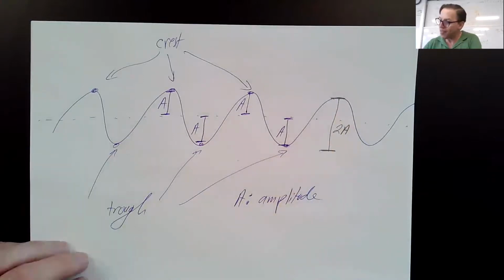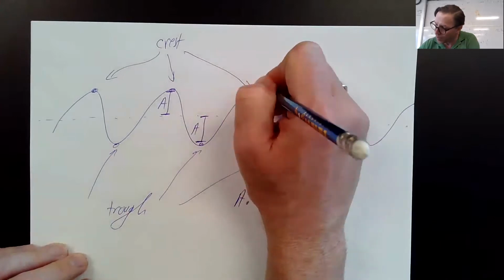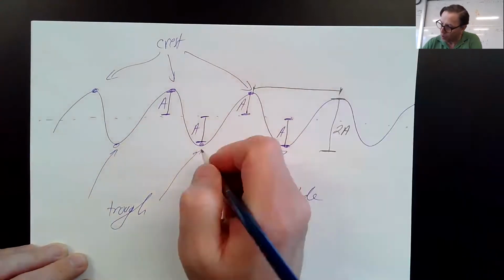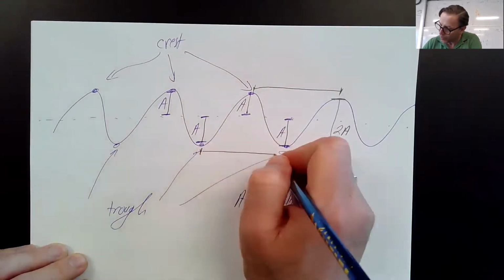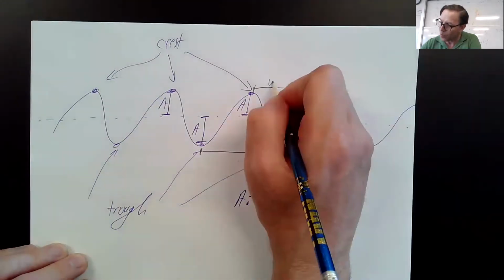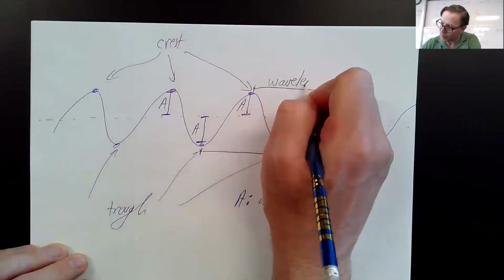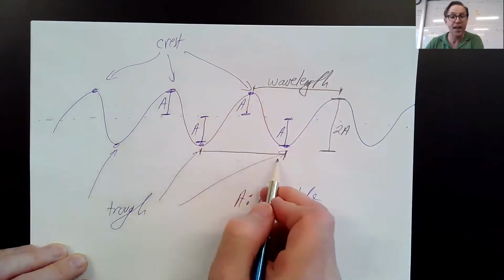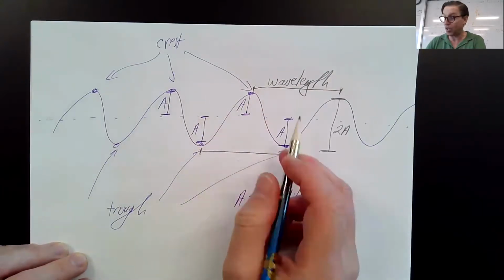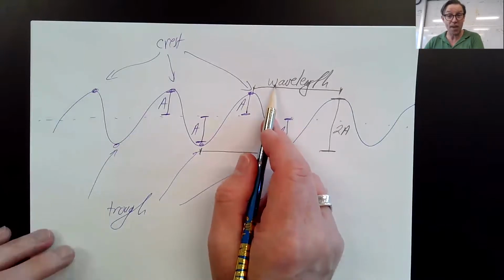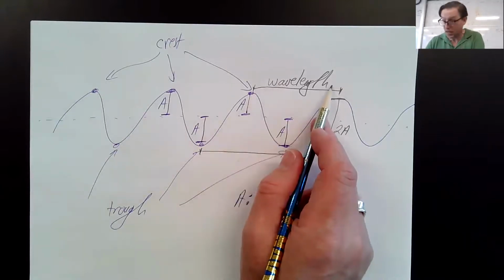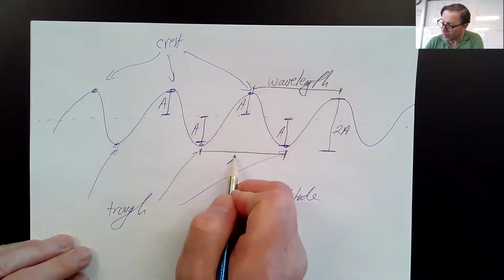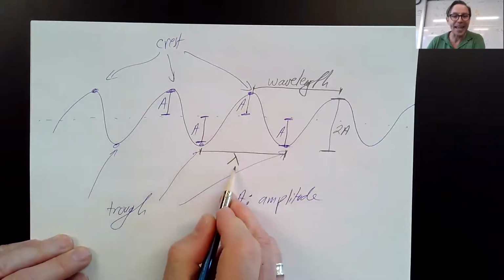All right. And then this distance from crest to next crest, or from trough to next trough, that's called the wavelength. And I'll write it again, wavelength, but I'm going to use the abbreviation. Do you think we might use a W for wavelength? That would make sense, but we don't. We use this Greek letter lambda.